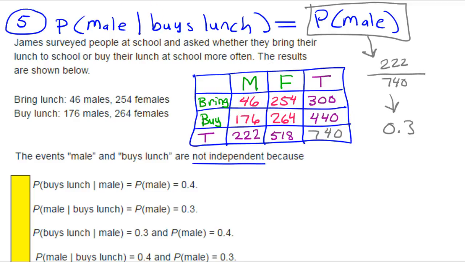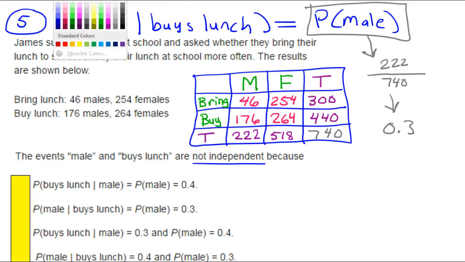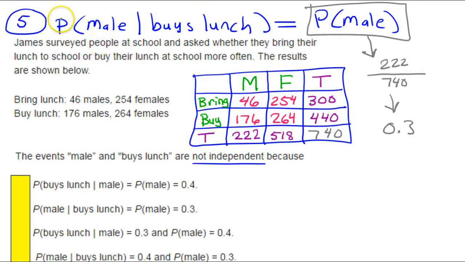Okay, so now we're going to find this other thing. We're still finding the probability of being male on this chart, but given buys lunch.